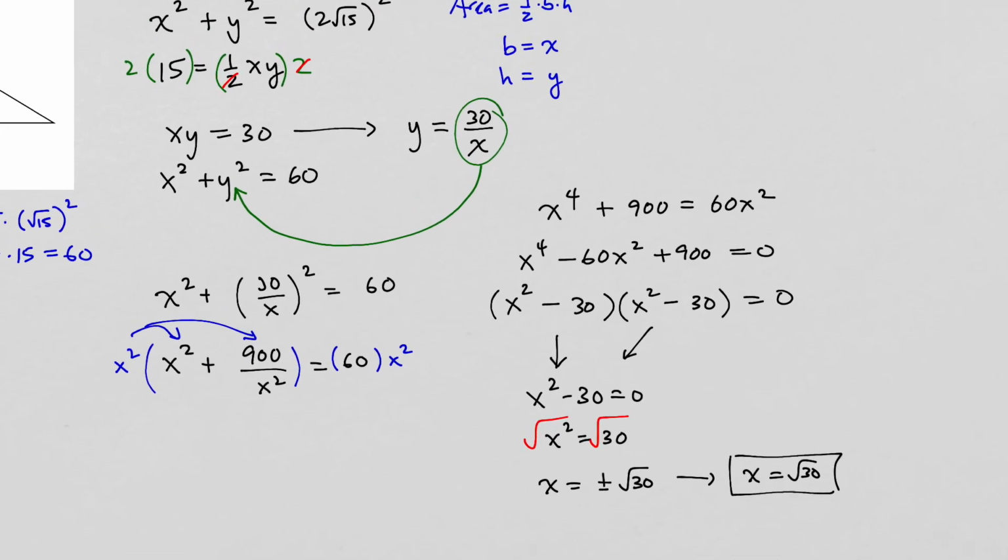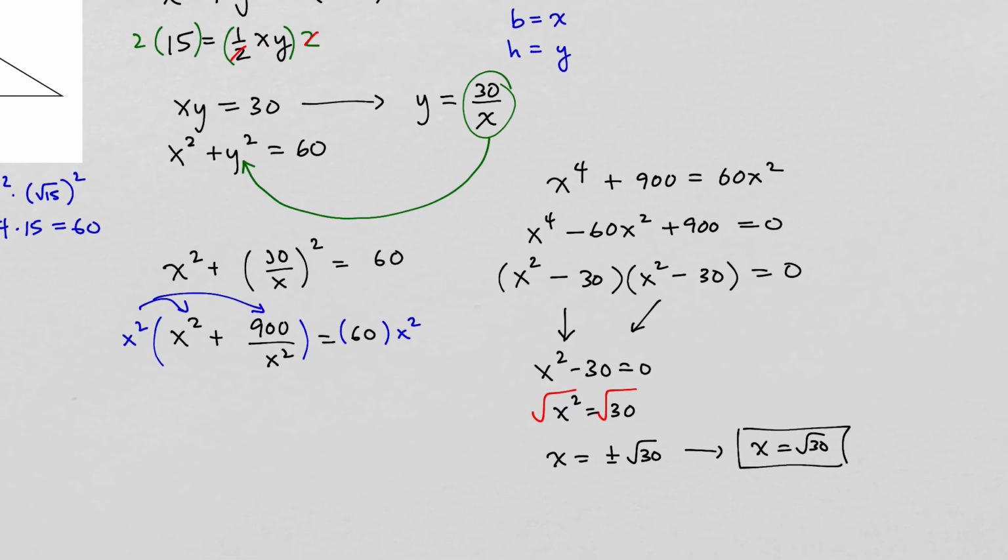So we know that x is equal to the square root of 30, and if x is equal to the square root of 30, we can solve for y up here. We know that y is 30 divided by the square root of 30. And if we multiply by the square root of 30, top and bottom, we get 30 square root of 30 divided by 30, which is also the square root of 30.